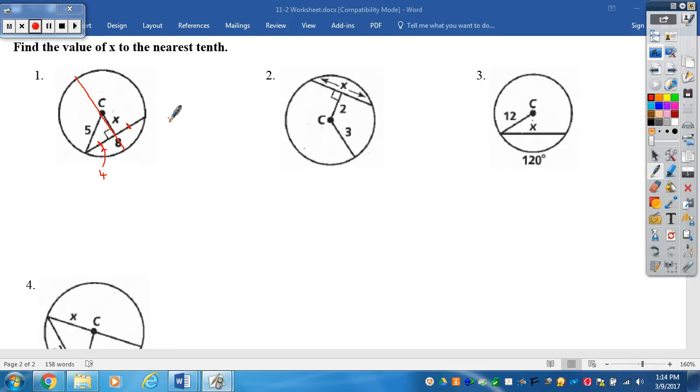Again, on these type of problems, as the pictures get busier and busier, don't be ashamed to go ahead and draw out the pictures. Okay? And so we can just jot this down. And we can go ahead and solve for x. Okay?